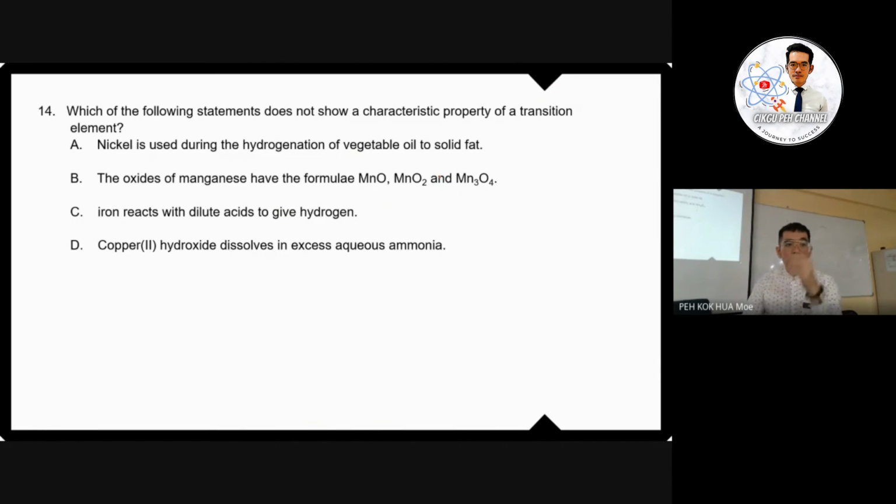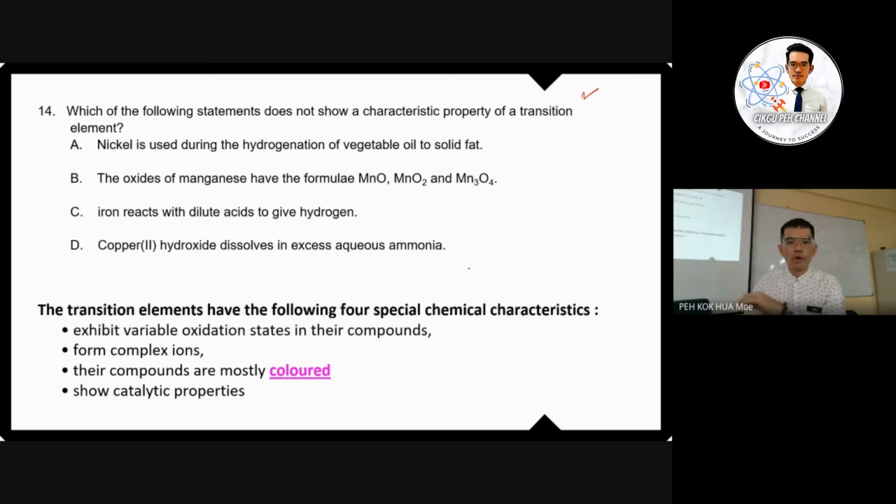Okay, and then the next, 14: which of the following statements does not show the characteristic properties of the transition element? To understand the character of the transition element, here we have 4 special chemical properties for the transition metal you have to memorize. The first, exhibit variable oxidation state, which means the oxidation state for the transition element will be more than 1.